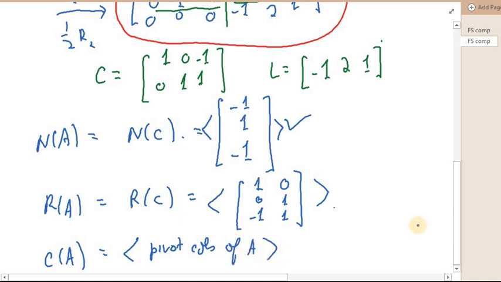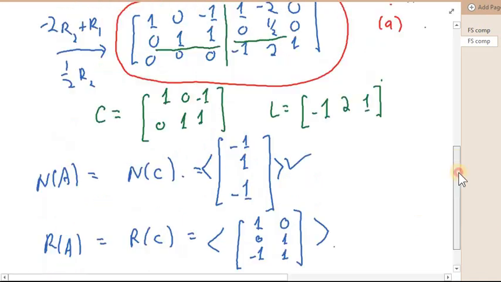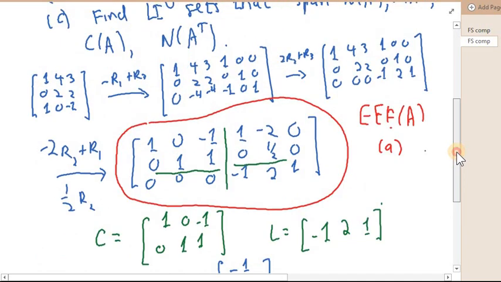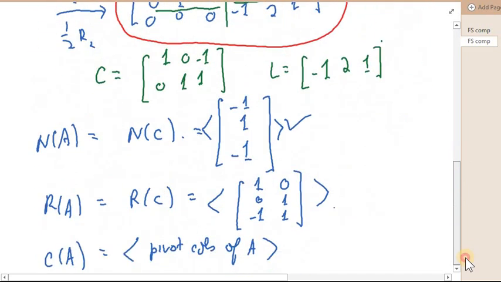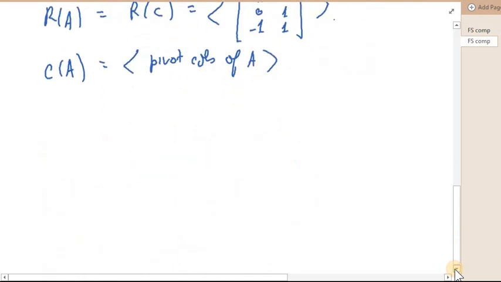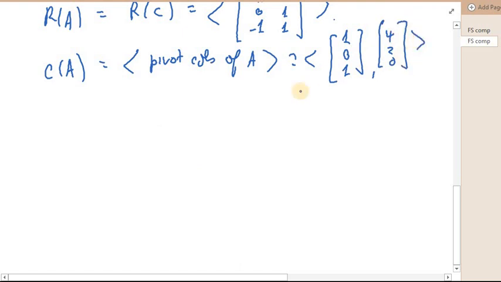Okay. And in this case, the pivot columns were columns 1 and 2, so that's going to give me 1, 0, 1 and 4, 2, 0. Equals the span of 1, 0, 1 and 4, 2, 0. Right. So that gives me the column space.